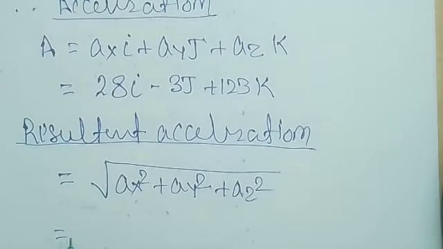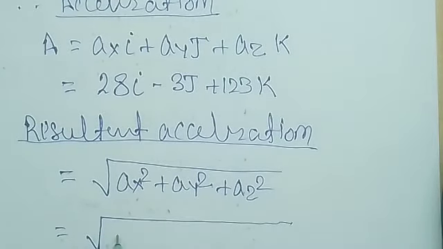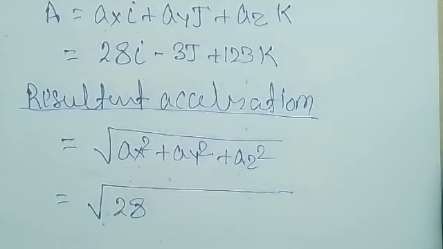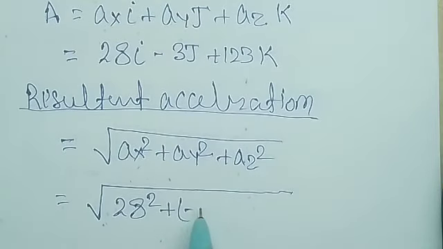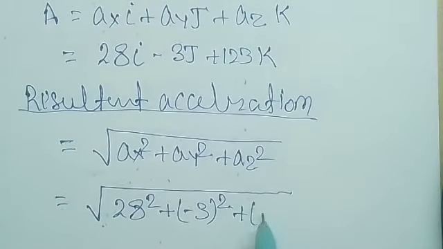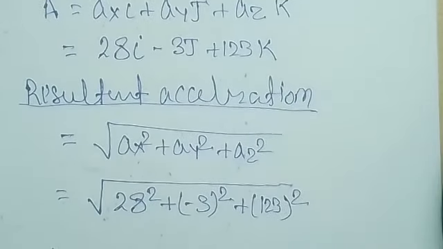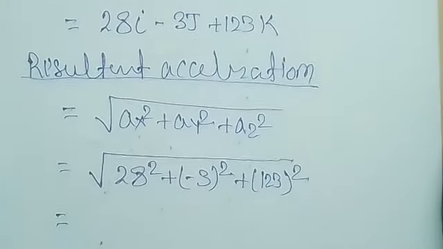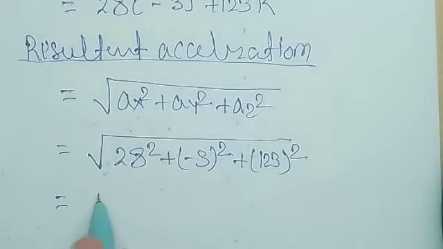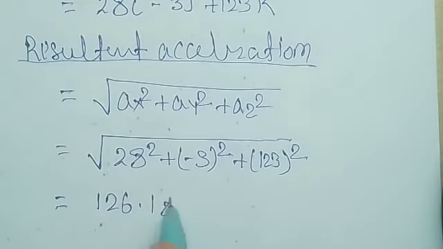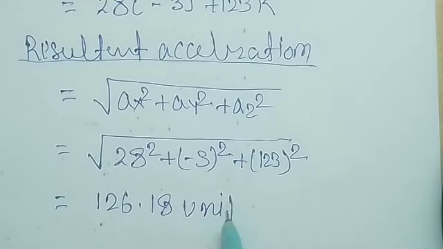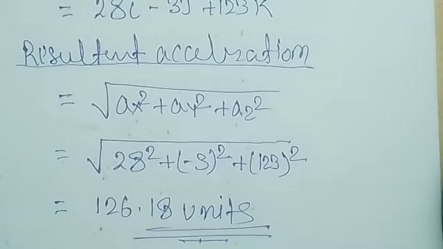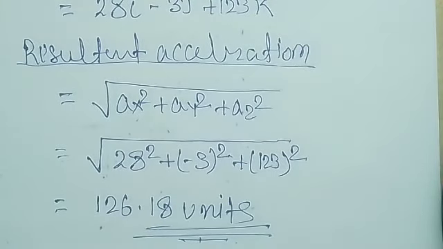Okay, so this is what you can say, square root of 28 square plus minus 3 whole square plus 123 whole square. Okay, so we got this on simplification. We'll get some value, that is 126.18 units. Okay, so this is how you will solve the problem. Thank you.